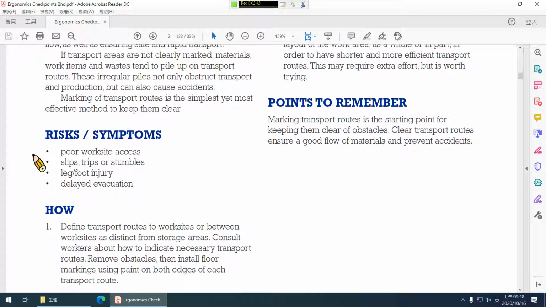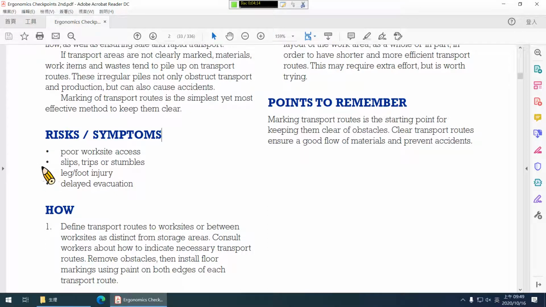It's very obvious. For example, if there are some objects on the floor of the entrance, it's not clear. The operators may have to find another way to get through, and that increases the risk, increases the uncertainty.